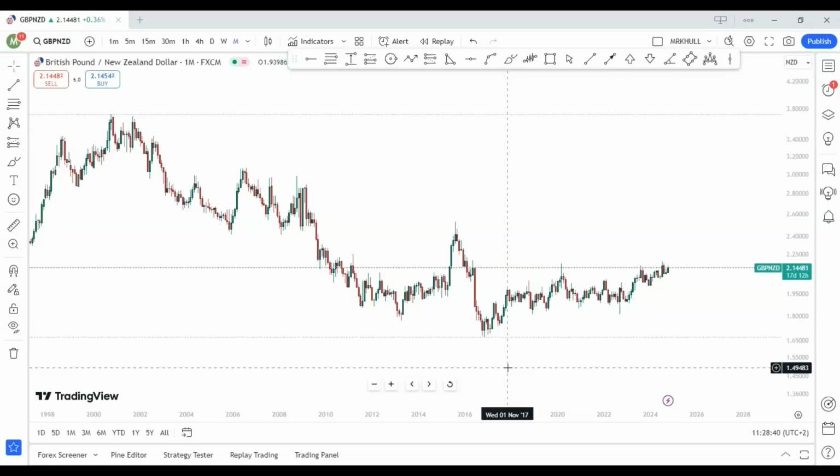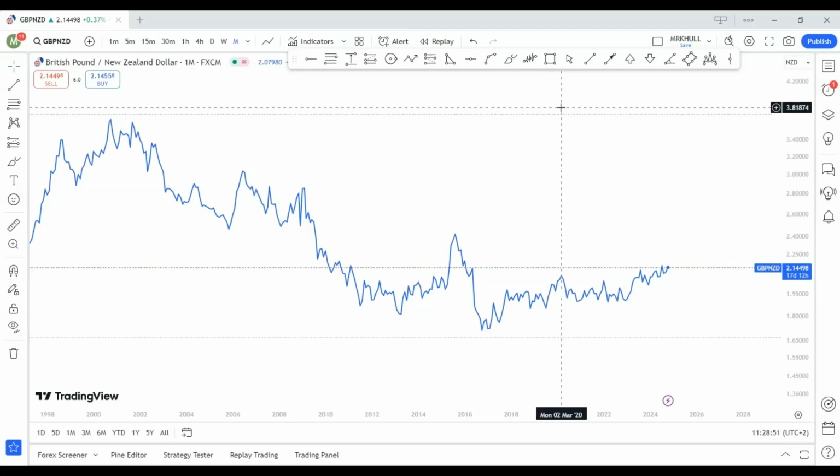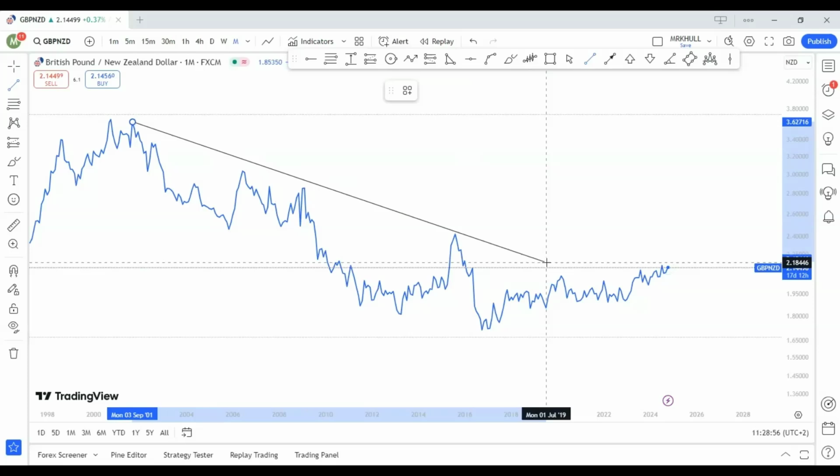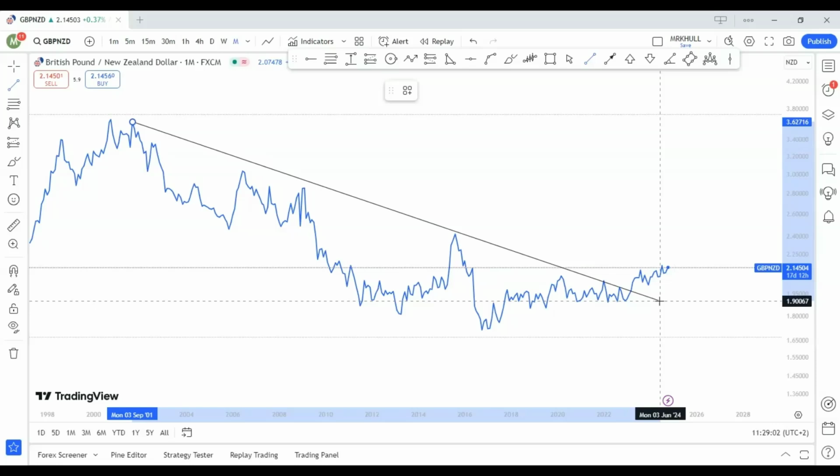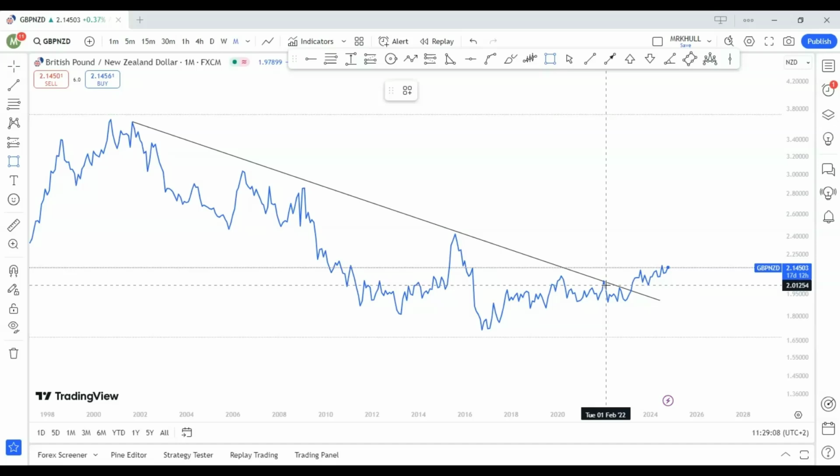All right, so looking at this market right now, we can see that we had an uptrend on monthly for the longest time, and now it just broke out. We had a breakout just here, guys.